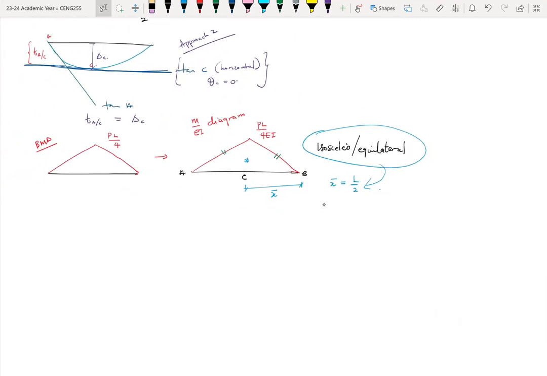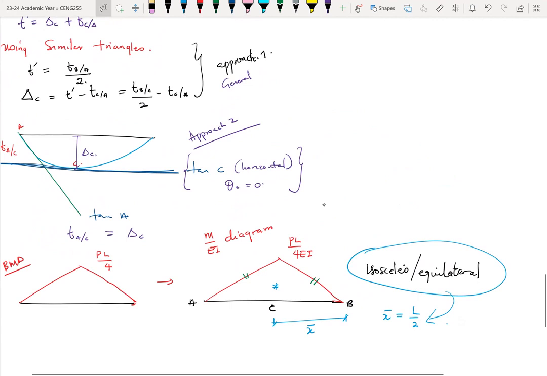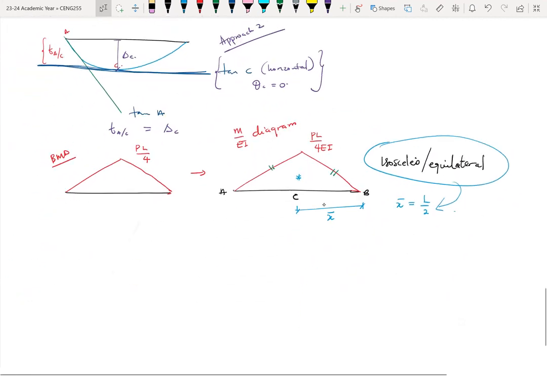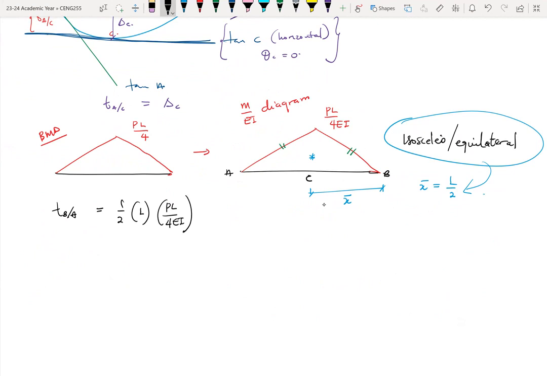Once we have that, the next thing will be to find these parameters, TBA and TCA and all of that. So TBA will be equal to the area of the triangle, that's half times the length times PL over 4EI, and then times the moment arm.